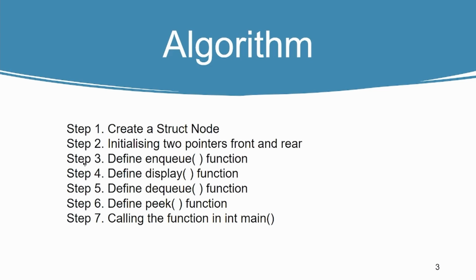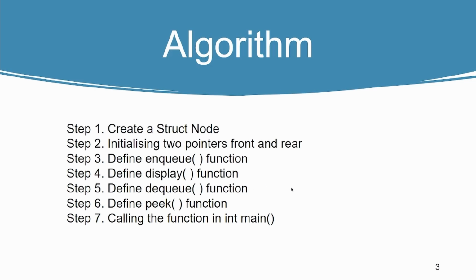Third, we would define a few functions: the enqueue function, then the display function, then the dequeue function, and then the peek function. At the very end we would call these functions in main. These are all the things we are going to do in the program.